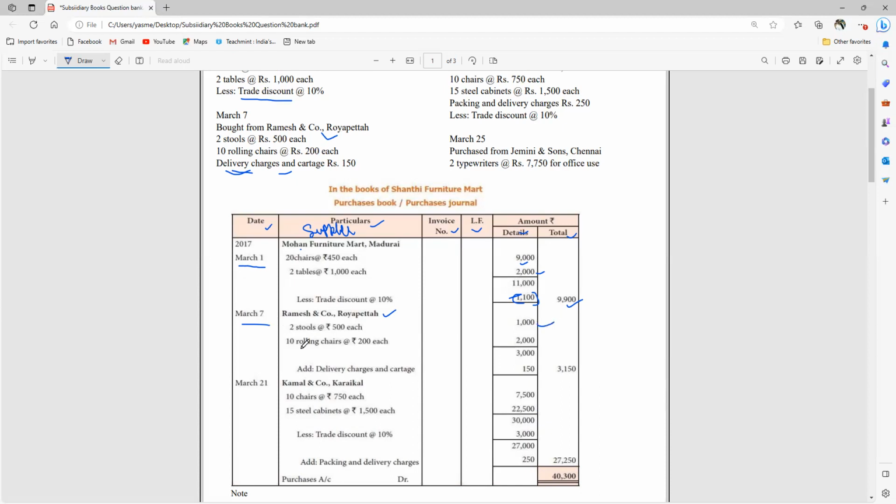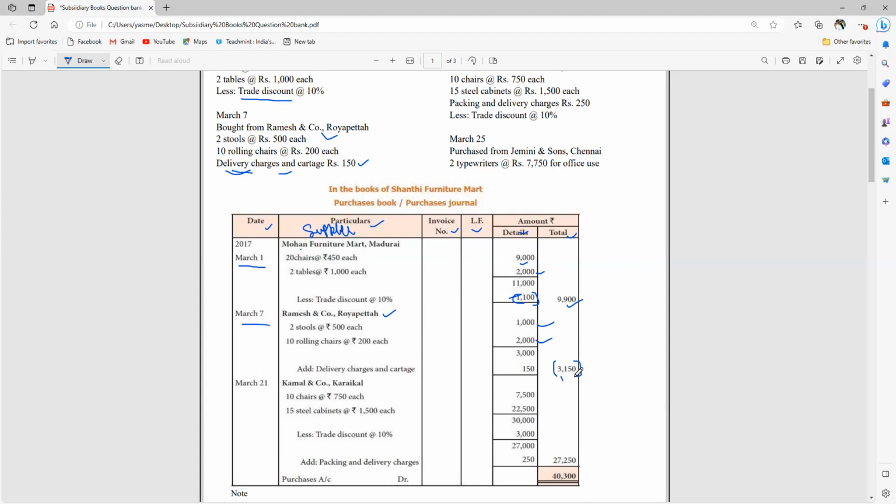Next, 10 rolling chairs at 200 rupees each. 10 into 200 is 2,000 rupees, so the total is 3,000. Next we need to add delivery charges, that is rupees 150, which they have specified. The total of this details column for Ramesh and Company, Royapettah is 3,150 rupees.